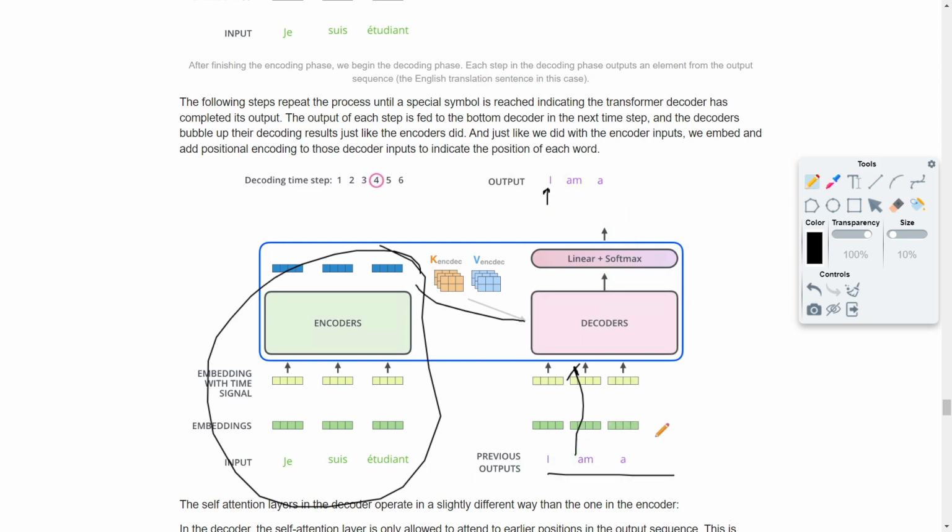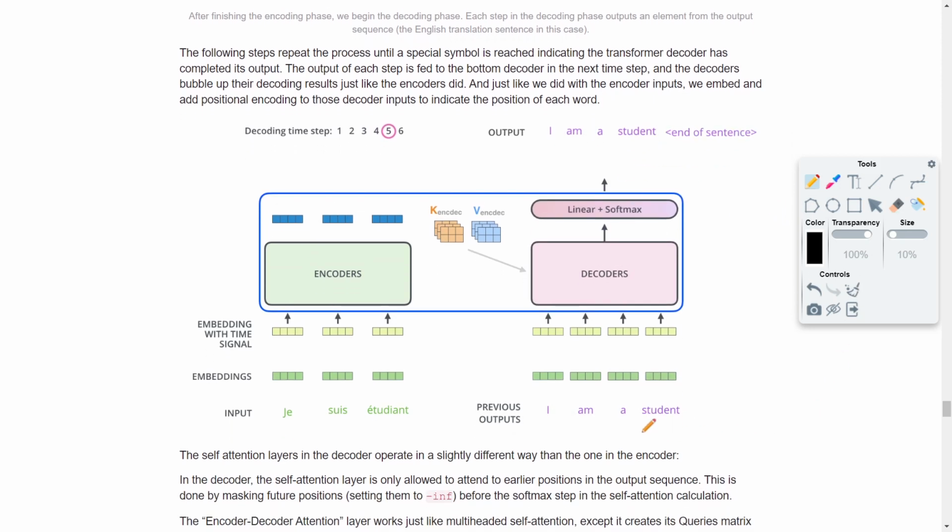So for all the words that are after my current word, I mask those words, so that my decoder model is not able to see that answer and has to guess it. Once I have got this particular word, I move on to the next. Now I take these and the encoded values to get the third word, and similarly for the fourth word and later on.